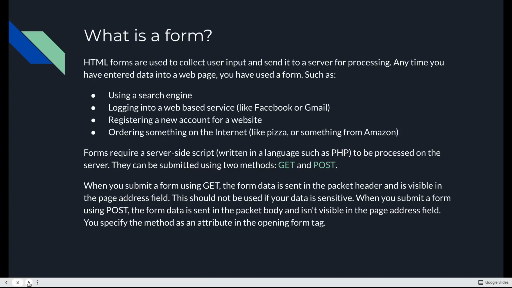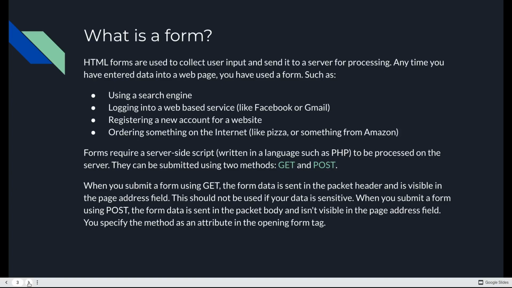Forms can be submitted using two methods, get or post. When you submit a form using get, the data from the form is sent in the packet header, and it's visible in the address field. This should never be used if you're dealing with sensitive data. You tend to only want to use this if you're implementing some sort of search engine or search-like feature.